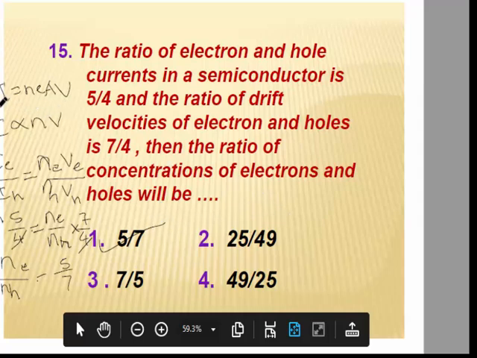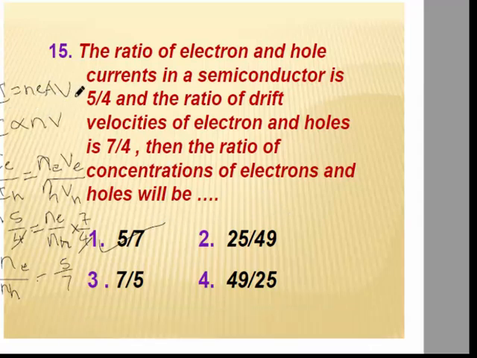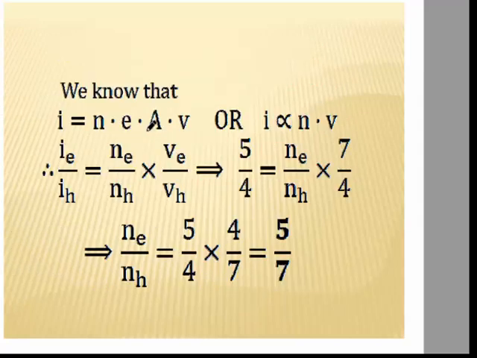This uses current equals NEA into VD, the drift velocity, so I is proportional to NE. So next question.